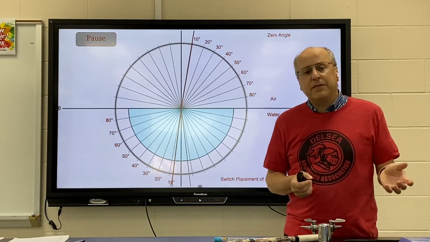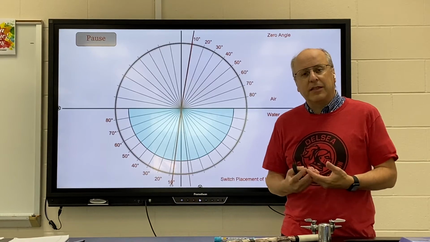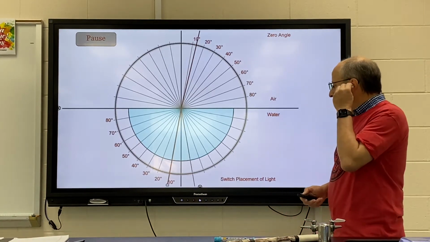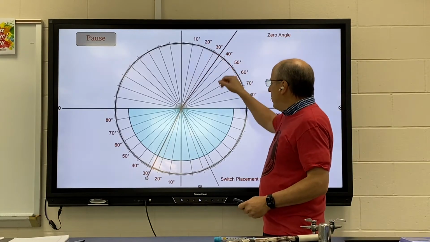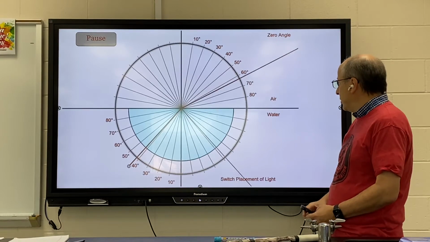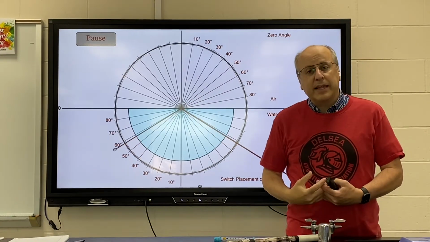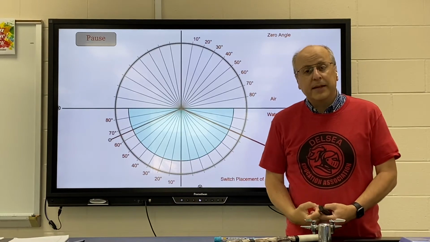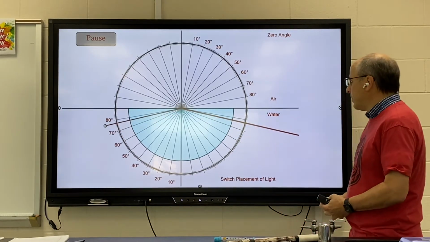Not that big of a difference, a change in less than 3 degrees for the path of the light. But as we make the starting angle bigger, the amount of difference between the two becomes larger and larger. And at some point, you'll see that the refracted angle gets too big and the light cannot leave the material.